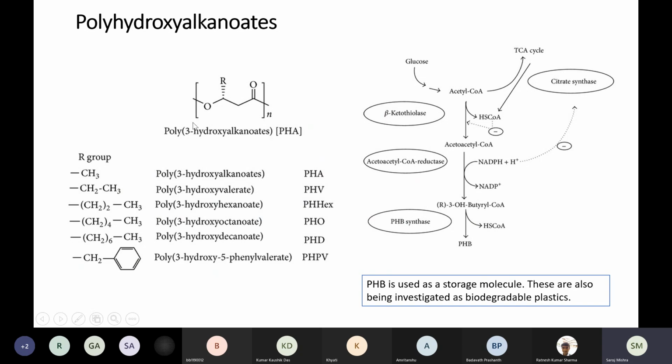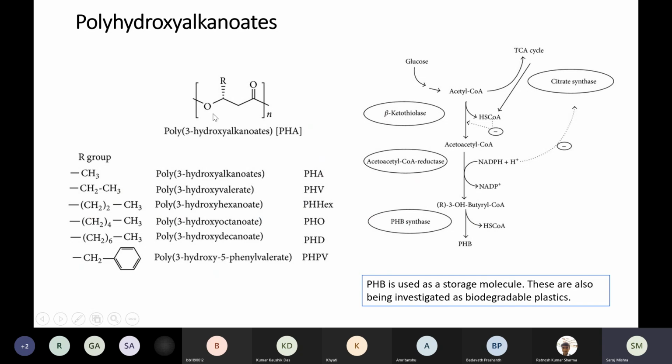If the R group happens to be a methyl group, then the resulting molecule has a specific name, not alkanate, but I can't recall it right now. But if the R group happens to be this, then the resulting molecule is going to be PHV, polyhydroxyvalerates.